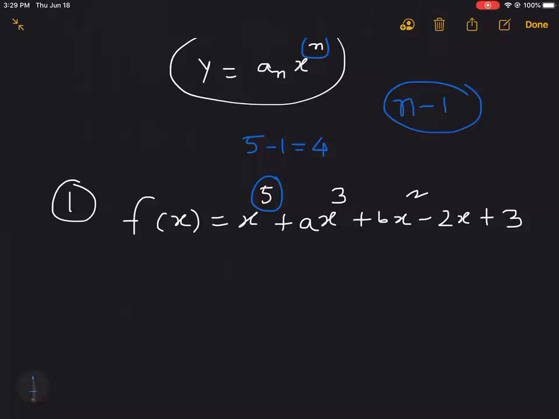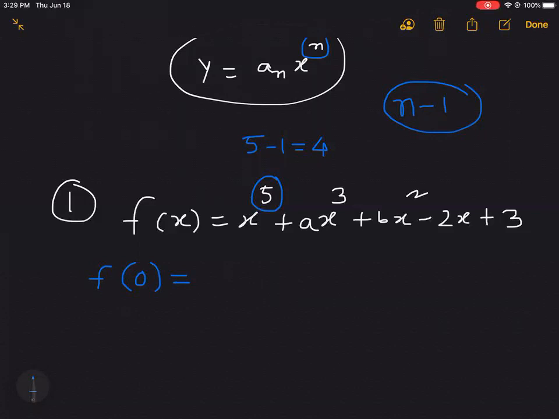Okay, so let's start with the y-intercept. Let's start by plugging in x equals 0, and that will be our y-intercept, right? Because if you remember, we said that if we plug in 0 in place of x, whatever we get in return will be our y-intercept.